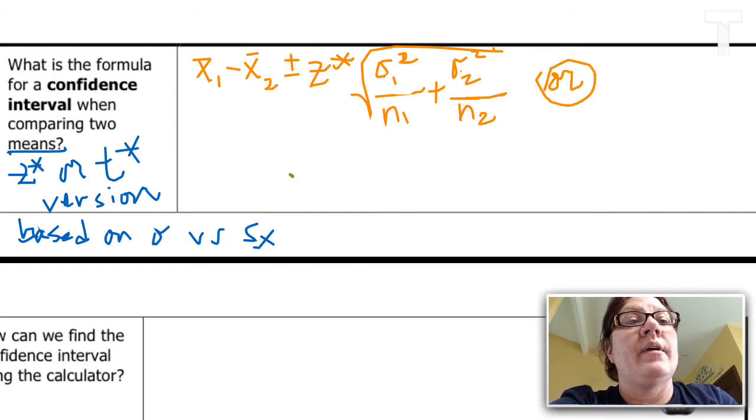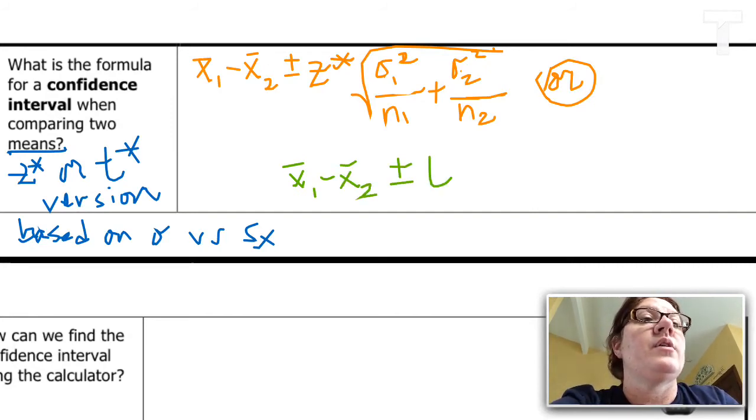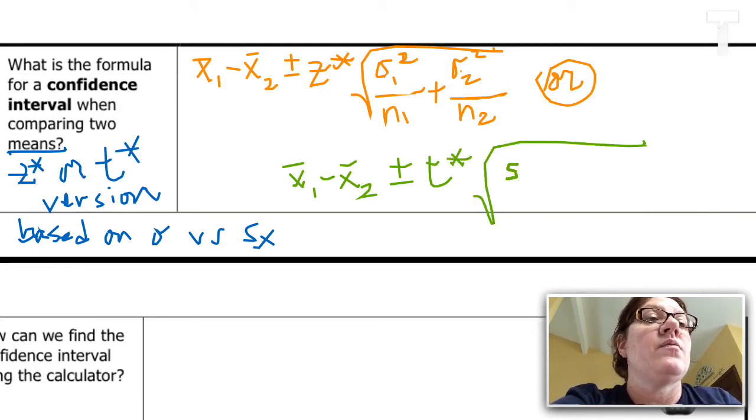Or I could have x bar 1 minus x bar 2 and use T star, but if I use T star, then I'll be using my S sub x's.